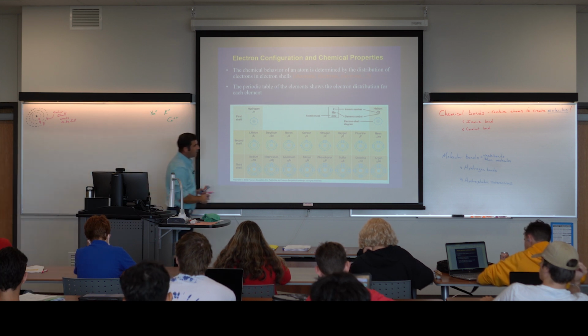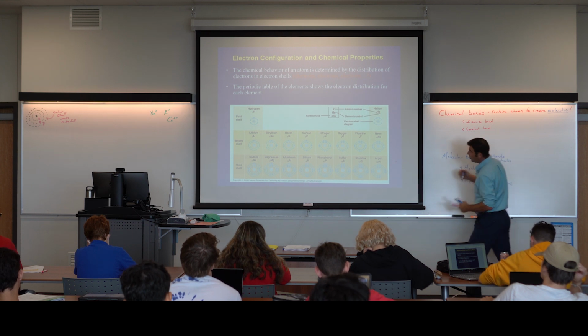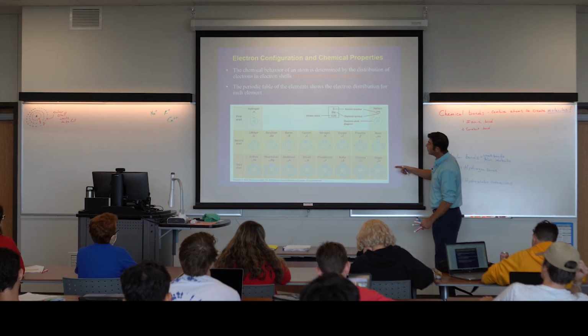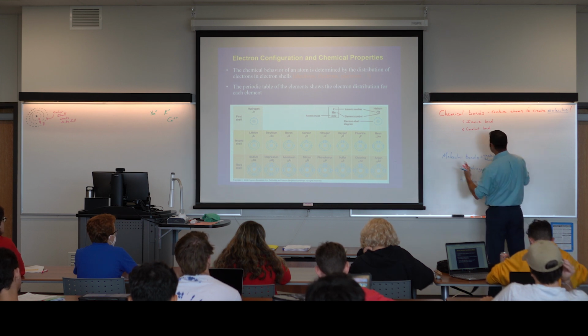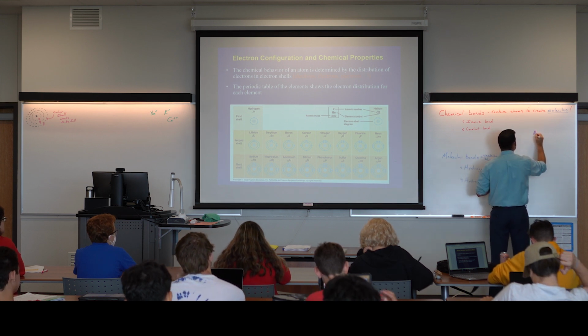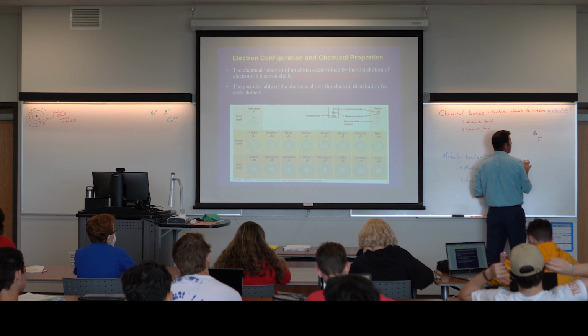If you grab one of these elements over here, like neon, for example, it has an atomic number of 10. That tells us 10 protons, 10 electrons.